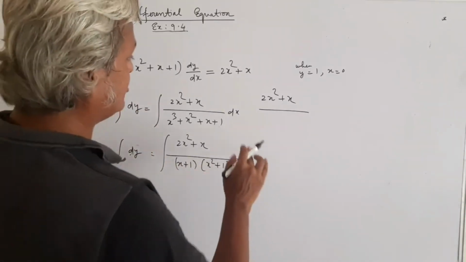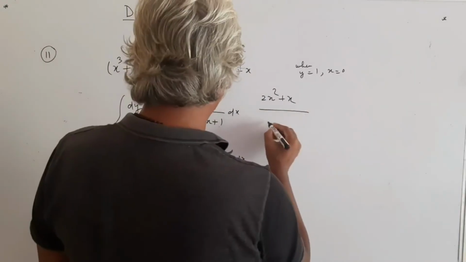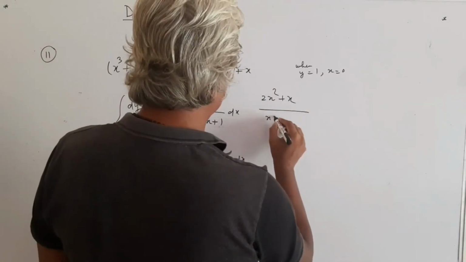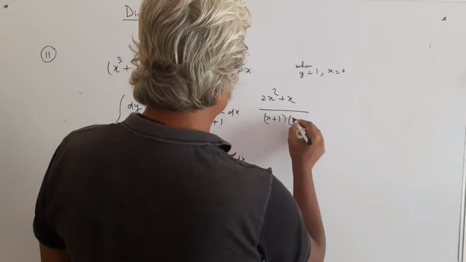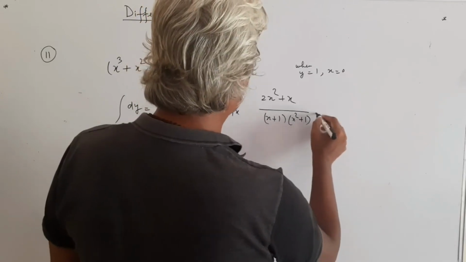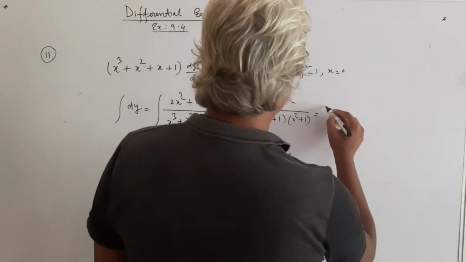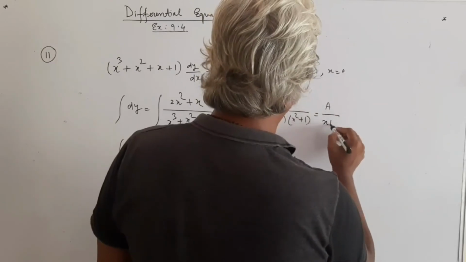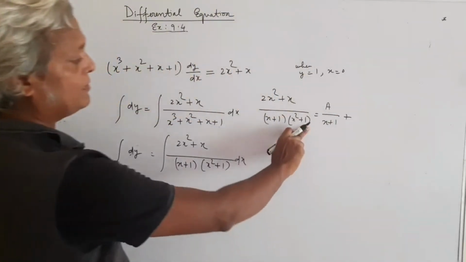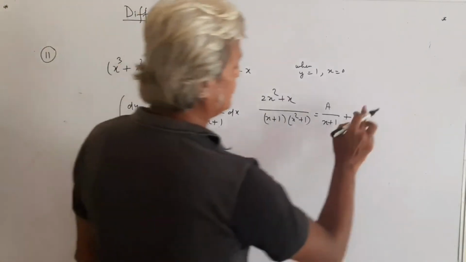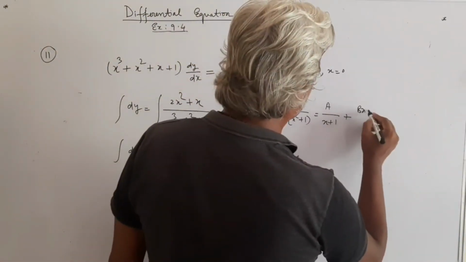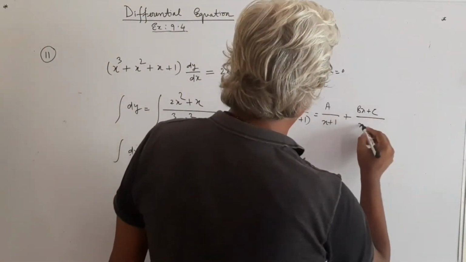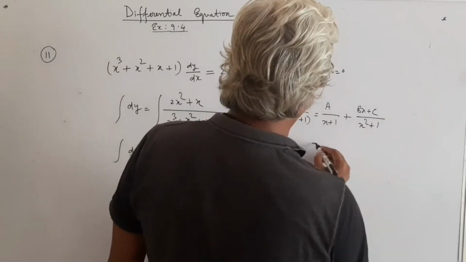So now let me get to the proper form. 2x square plus x over x plus 1 times x square plus 1. This x plus 1 is linear, so I'll write A over x plus 1, and this x square plus 1 is quadratic, so in place of this I'll write Bx plus C over x square plus 1.